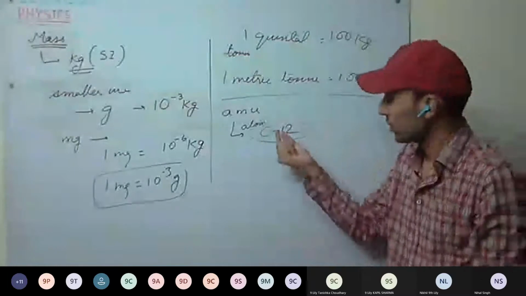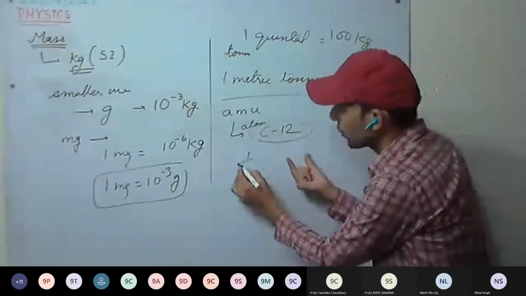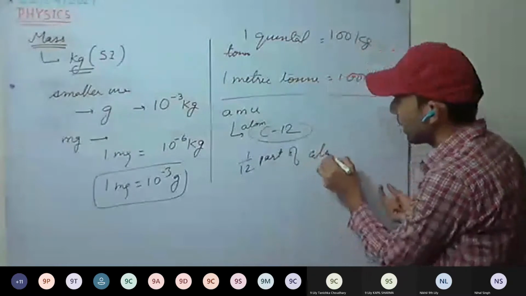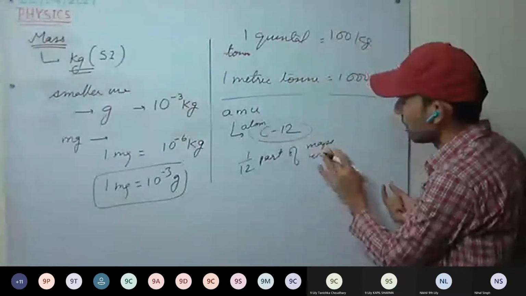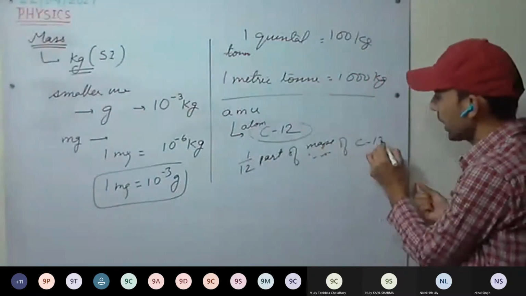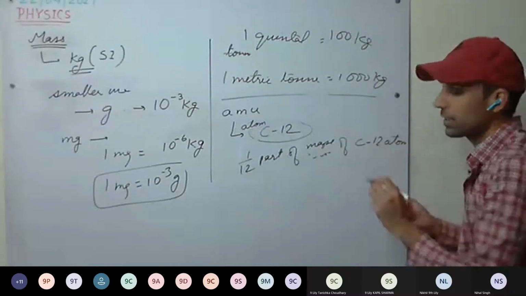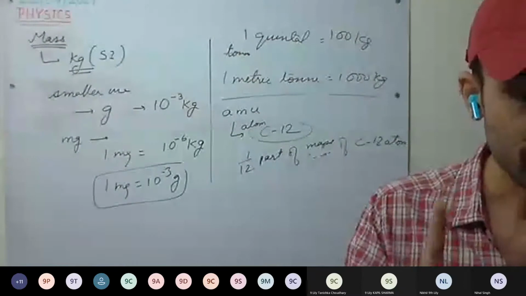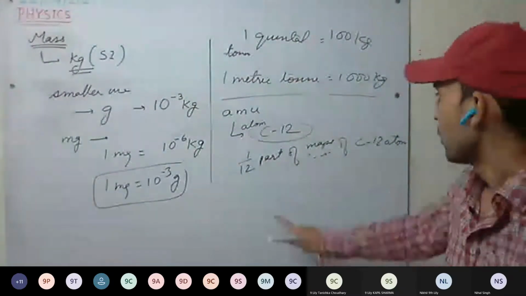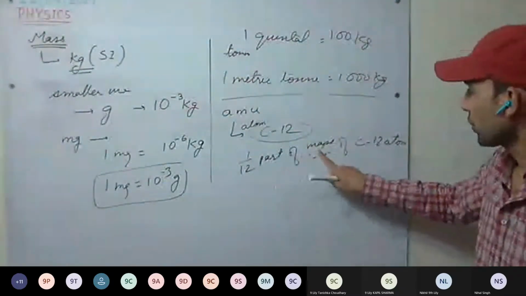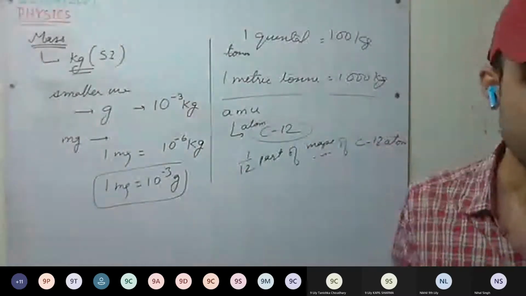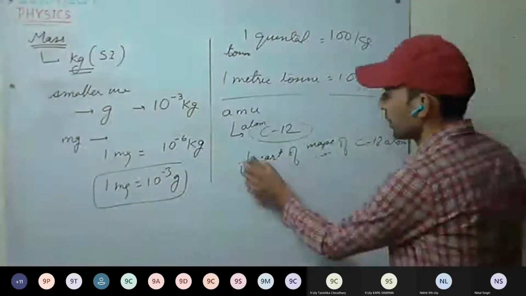Now, what is the mass of this atom? 1/12th part of the mass of the C12 atom is 1 AMU. That is 1 AMU: 1/12th mass of 1 carbon 12 atom. So 1/12th mass of 1 carbon atom will give us 1 AMU.